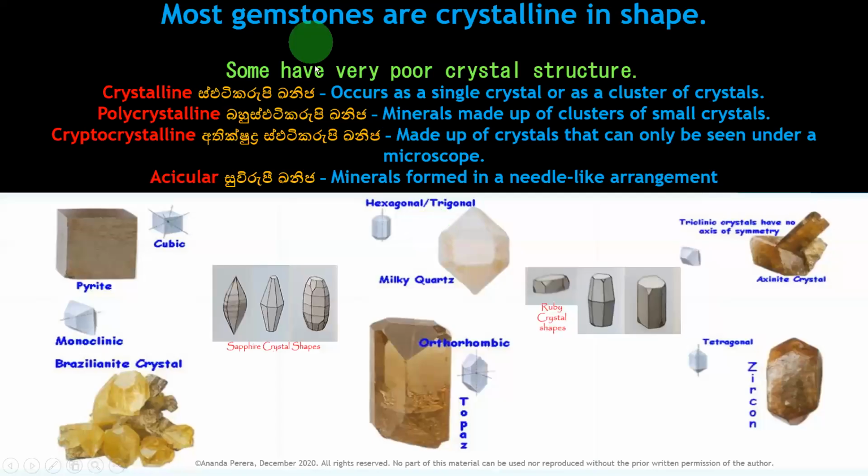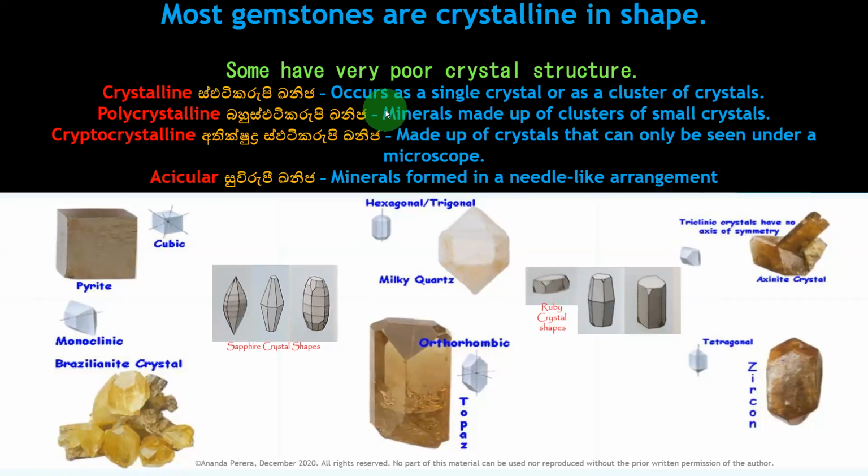Now we are moving to the next part. Most gemstones are crystalline in shape. Some have very poor crystal structure. We can break into 4 regarding the crystal structures: crystalline, polycrystalline, cryptocrystalline, acicular.